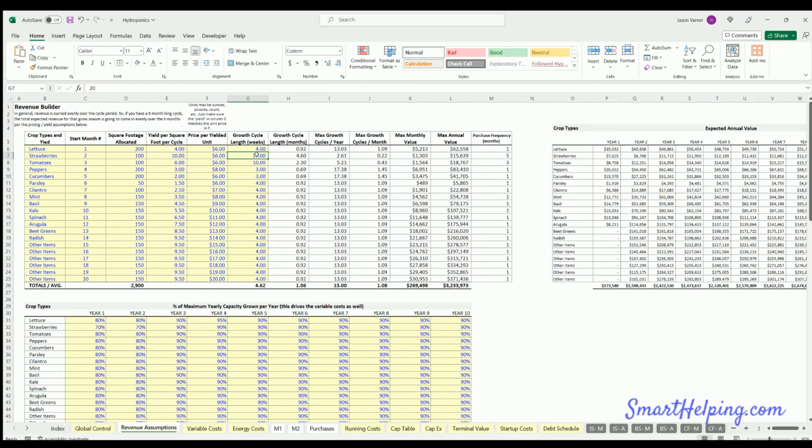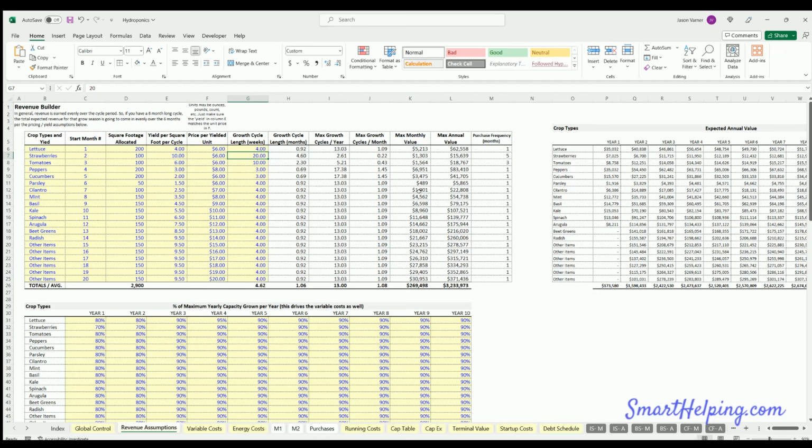And so for things that have maybe 20 weeks, like strawberries, or something that has longer, so there's only 0.2 growth cycles per month, we're still calculating the revenue on a monthly basis, but based on the average. And this is because, yes, you might get paid at the end of the cycle, in the middle, up front. It depends on your relationship with the suppliers.